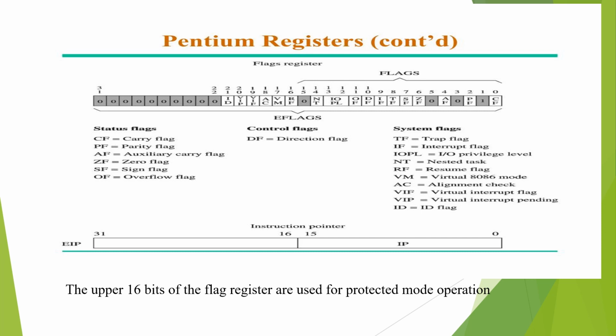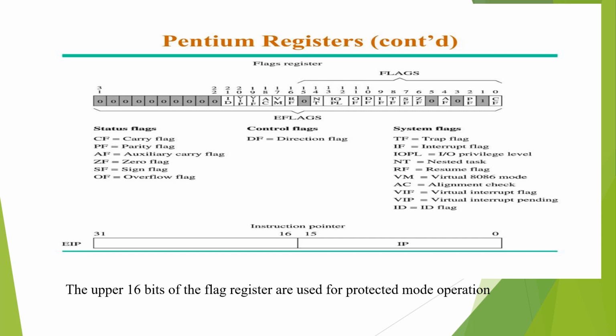The control flag is DF, the direction flag. System flags are TF, trap flag; IF, interrupt flag; IOPL, IO privilege level; NT, nested task flag; RF, resume flag; VM, virtual 8086 mode; AC, alignment check; VIF, virtual interrupt flag; VIP, virtual interrupt pending; and the ID flag.